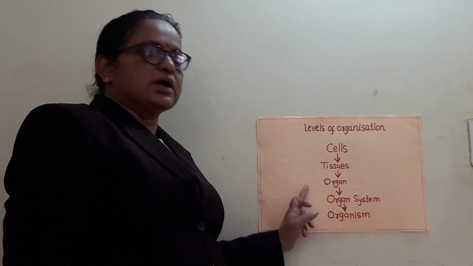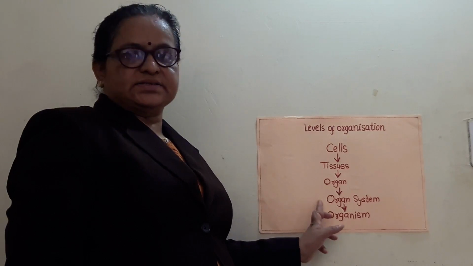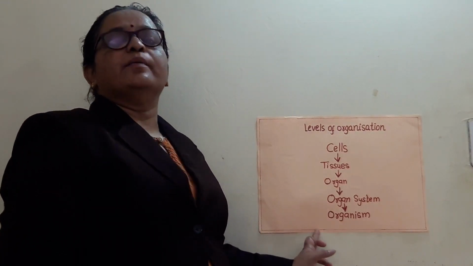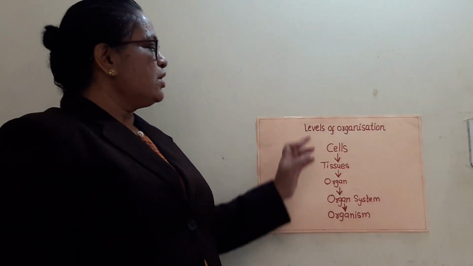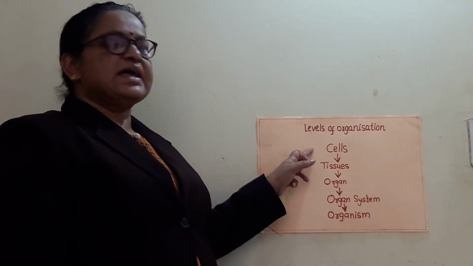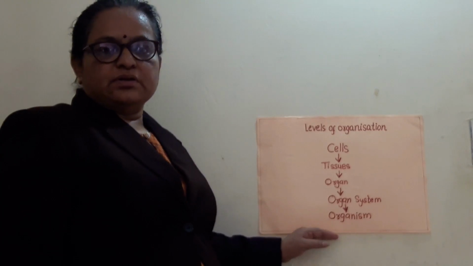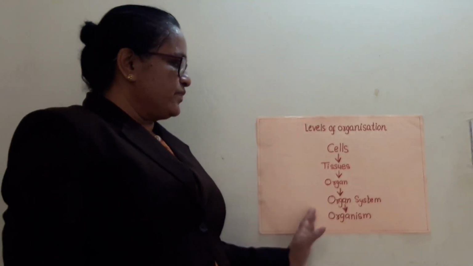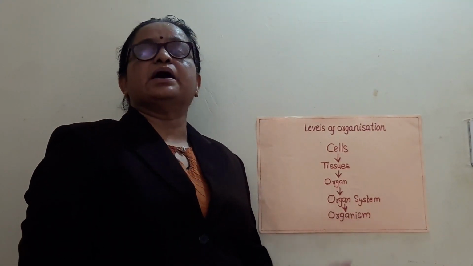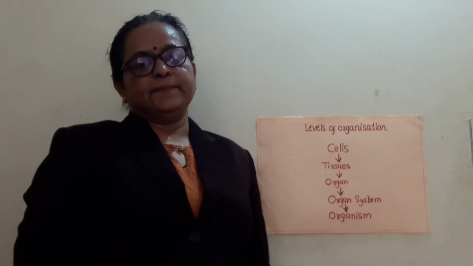These different organs form an organ system, and these organ systems form an organism. So here you will come to know the cell is the smallest unit and the organism is the largest one. All these organ systems make our body work properly.